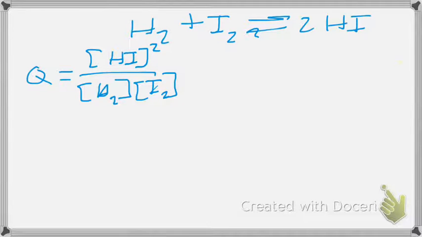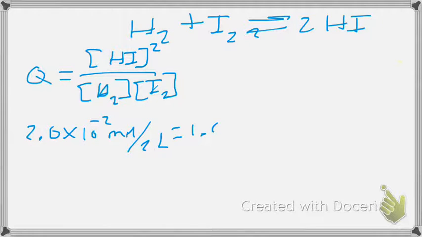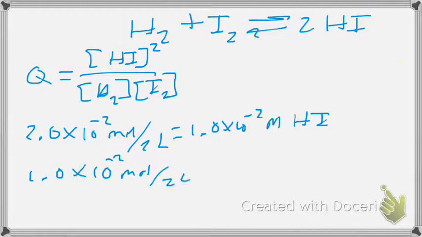Now we got to convert everything into molarity, so we're going to take 2.0 times 10 to the minus 2 moles, and we got to divide by 2 liters because that's essentially our container, and that's going to lead to 1.0 times 10 to the minus 2 molar of HI. And we're going to take our 1.0 times 10 to the minus 2 moles divided by 2 liters is equal to 5.0 times 10 to the minus 3 molarity of H2.